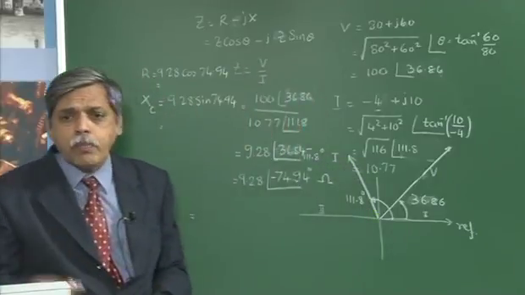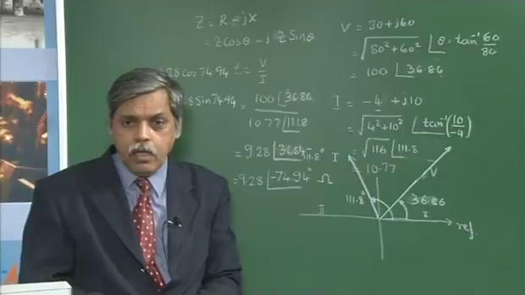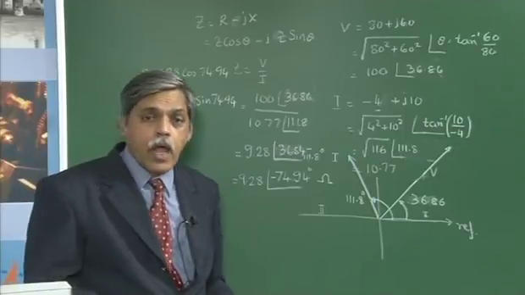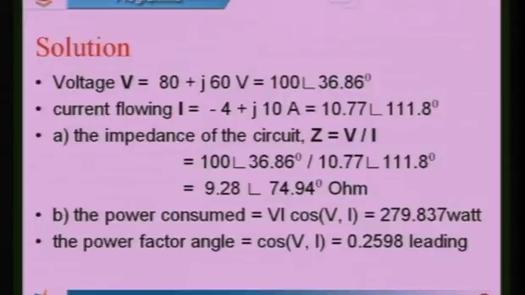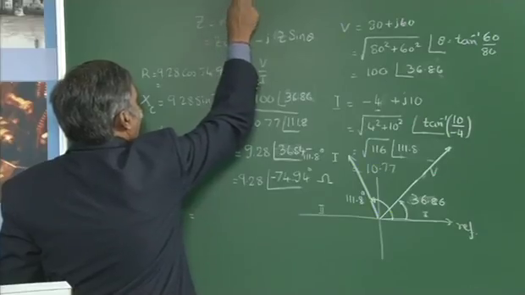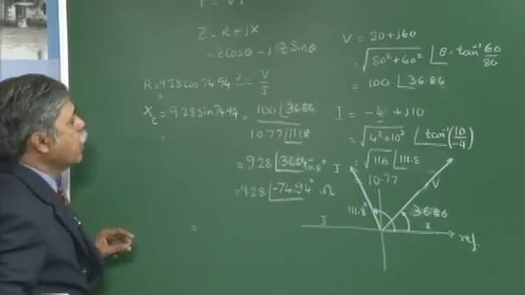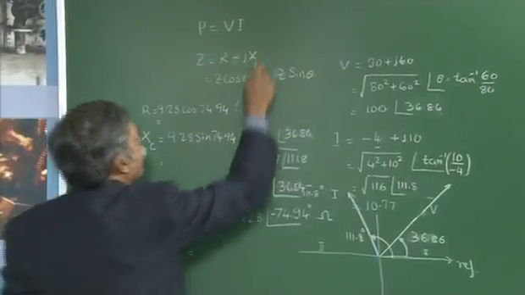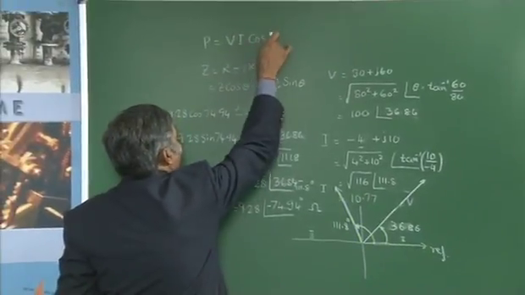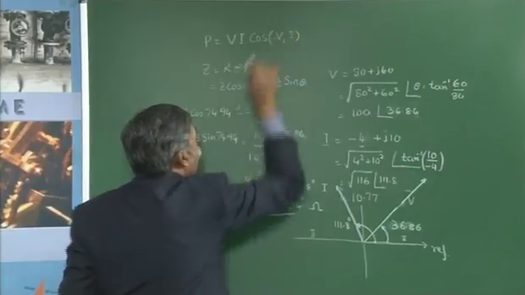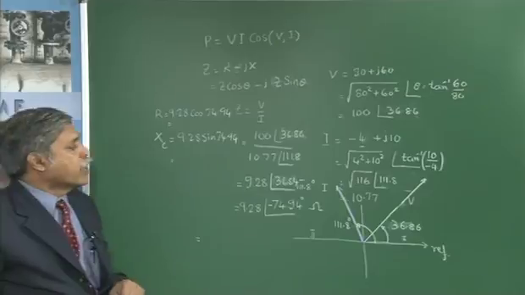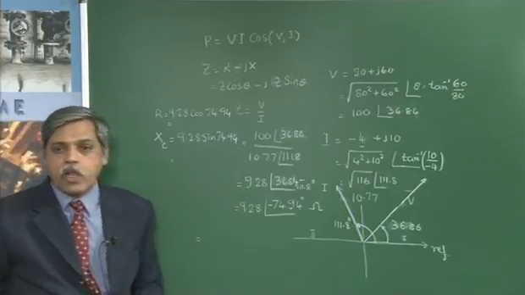Now as per the problem, if you want to calculate the power consumed and the power factor, okay. So power consumed will be, I can write down like this, power P is equal to the product of the RMS value of the voltage and the RMS value of the current and cosine of the angle between voltage and current. Only RMS values are involved here, so I will be getting the average value of the power.